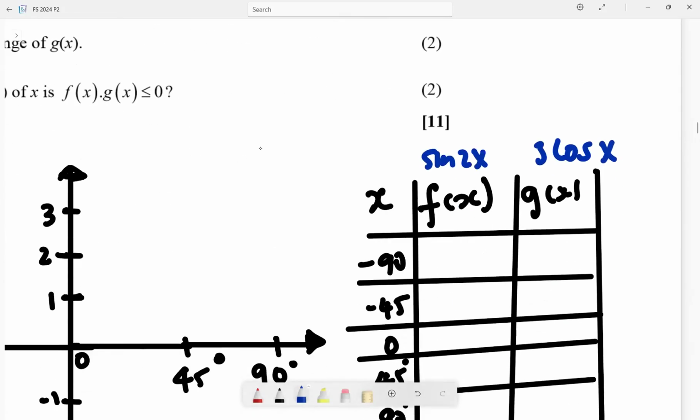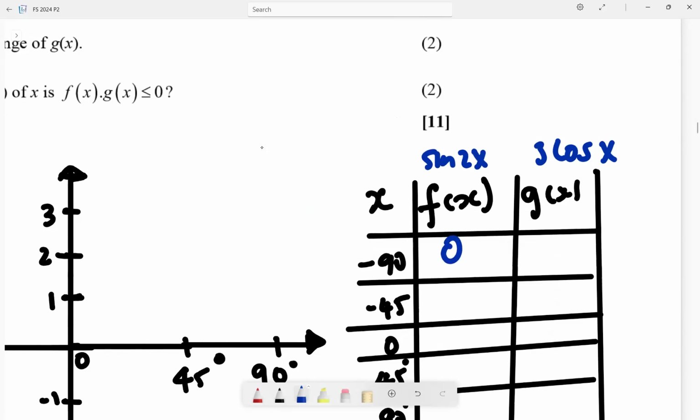Okay, what I'll do is substitute x as negative 90. So I'll say sine of 2 multiplied by negative 90. You get 0.